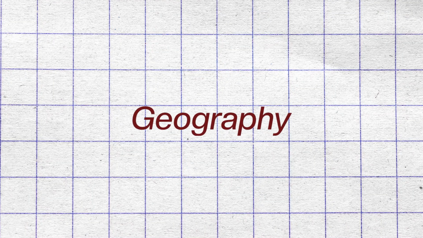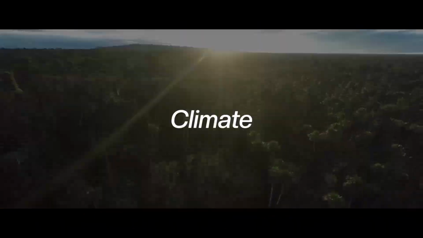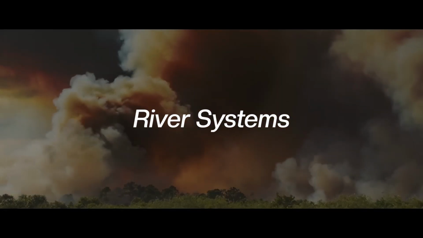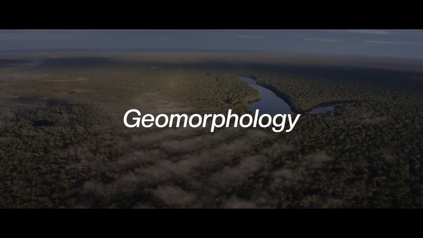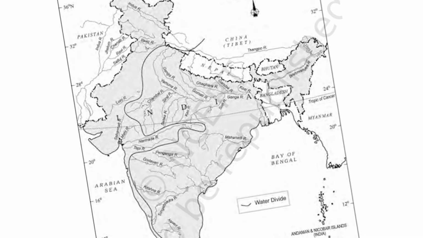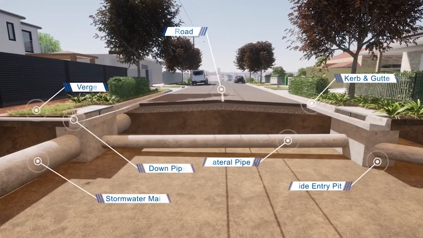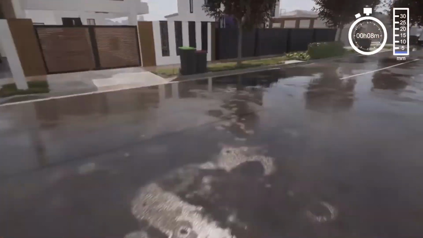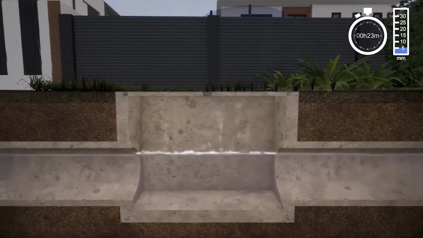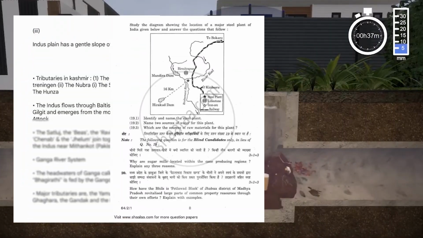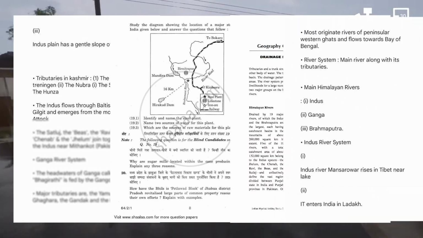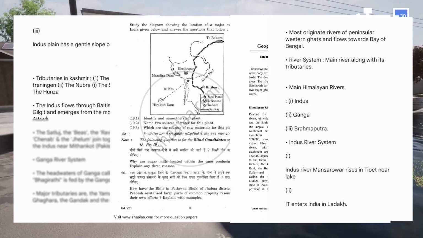In geography, key topics are climate, natural resources, river systems, geomorphology and mapping. Economic geography and the drainage system of India are critical. More than 10 questions have been asked from the drainage system alone in the past 7 years. Refer to the last 10 years' UPSC question papers before your preliminary examination.